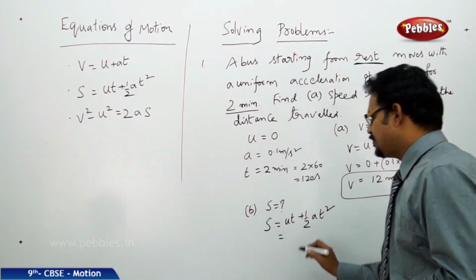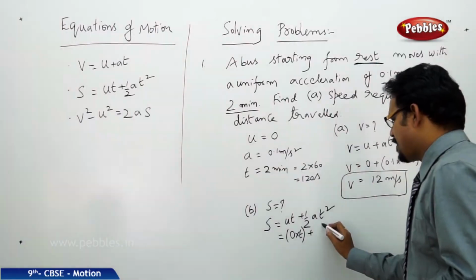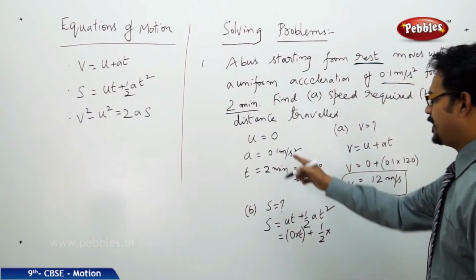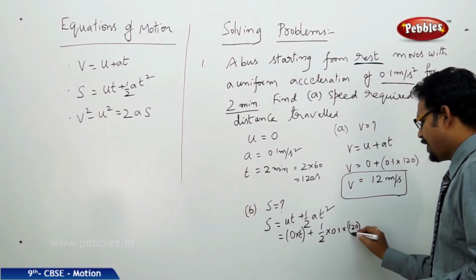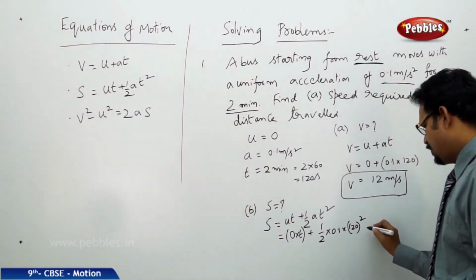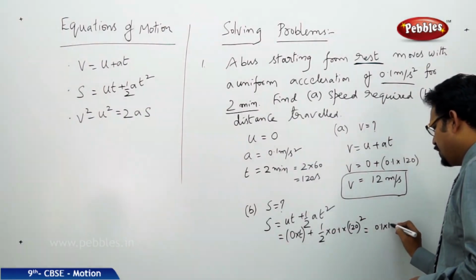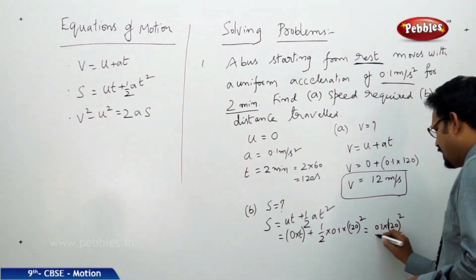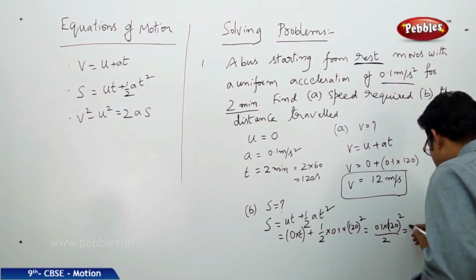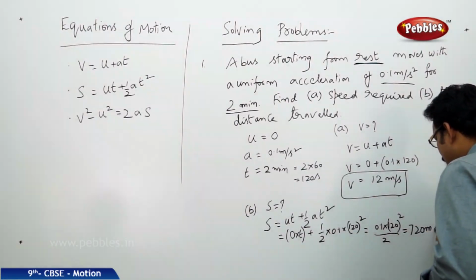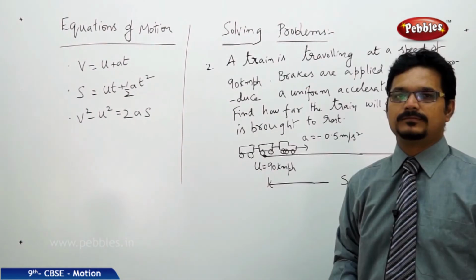So u is 0, 0 into t plus half, a is 0.1, into t, again 120 square. If you simplify this, you get 0.1 into 120 square divided by 2, and the answer is 720 meters. That's all, you have solved the problem.